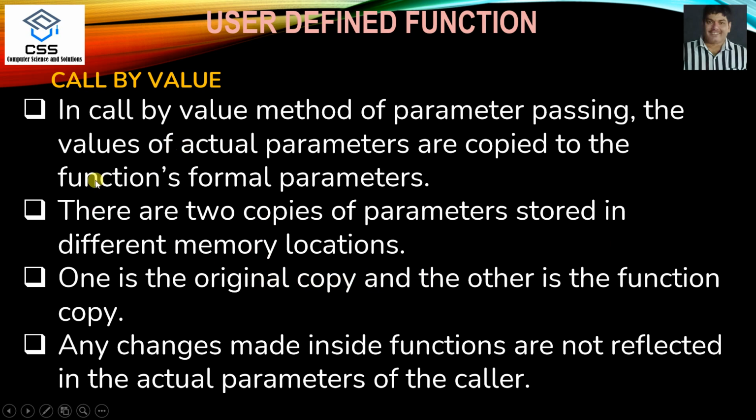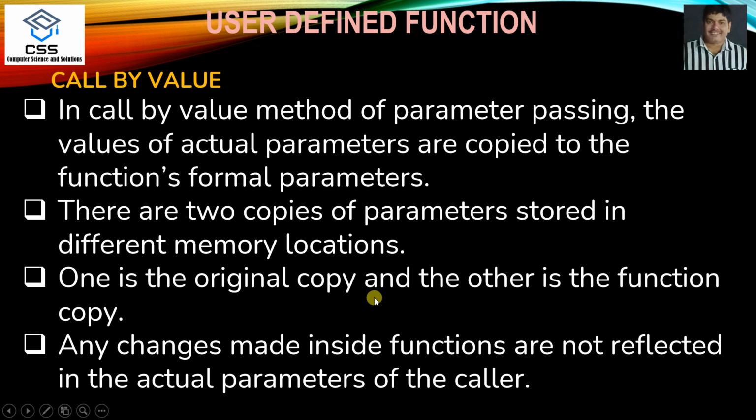Since it is written in call by value method of parameter passing, the values of the actual parameter are copied to the function's formal parameter. There are two copies of parameters stored in different memory. Suppose we pass x and y, two memory locations are taken, and again in the formal parameter another memory location is taken.